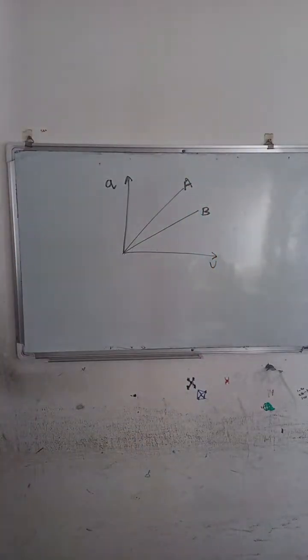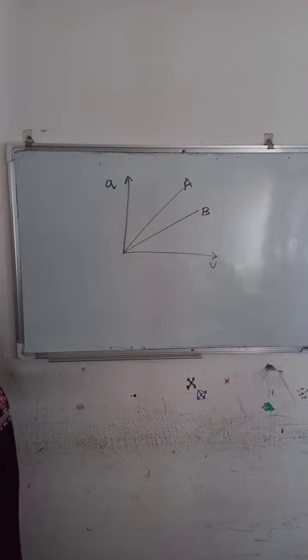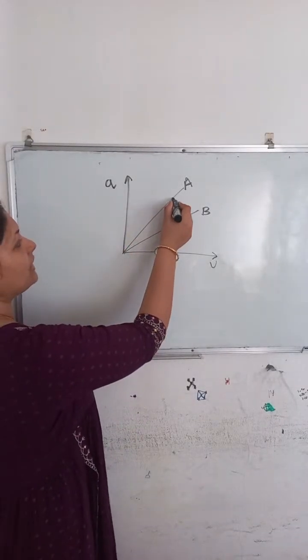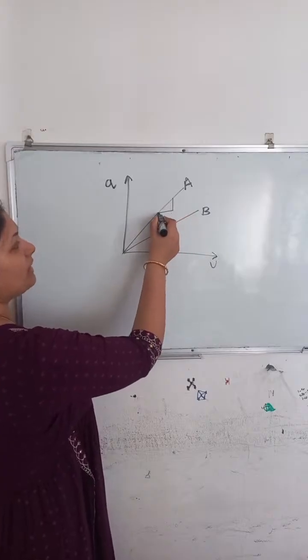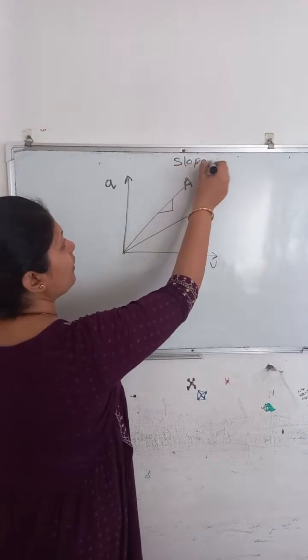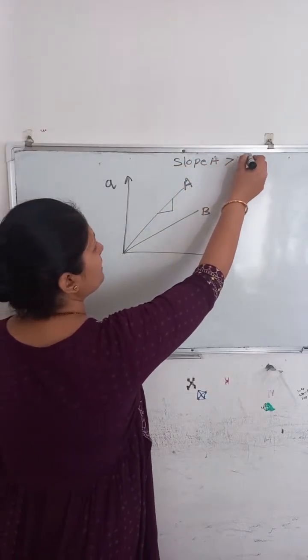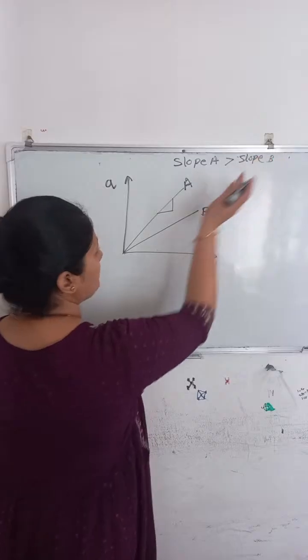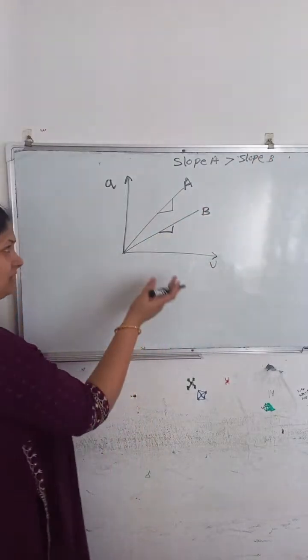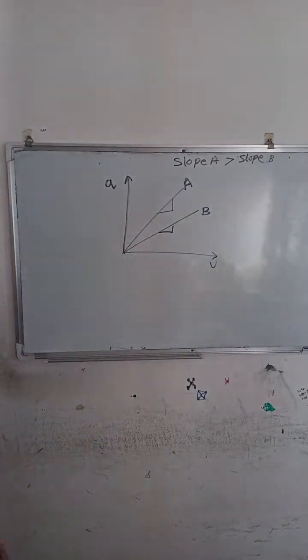Here we don't know which one is C1 and which is C2. If you take the slope for line A, the slope of A is always greater than the slope of B, because B is a little towards the x-axis. So the slope of B is always smaller.